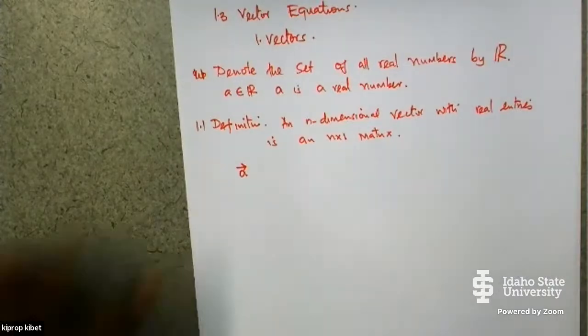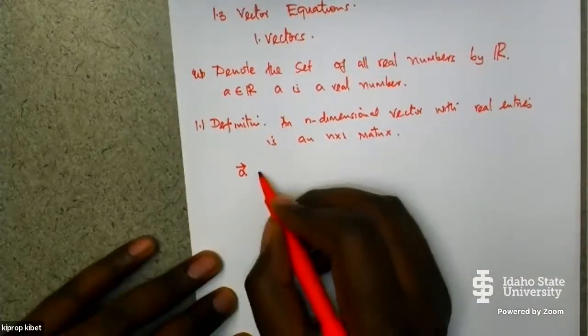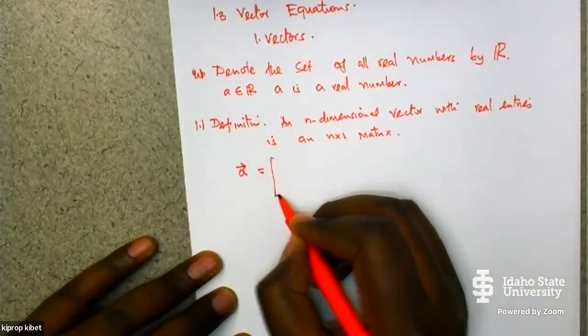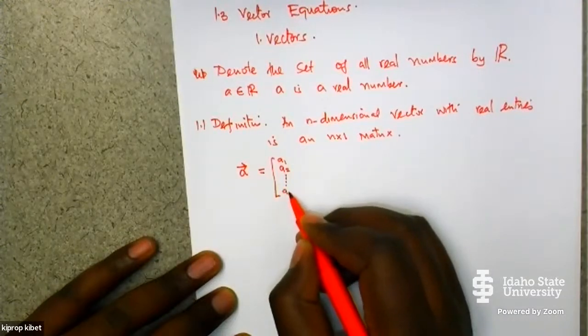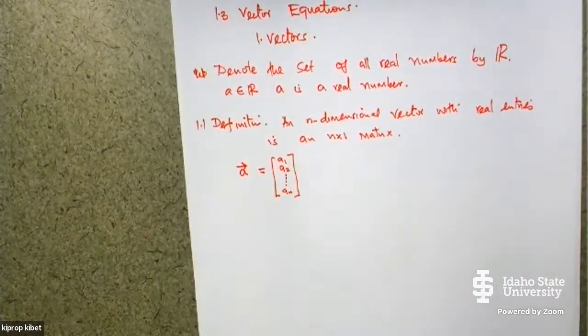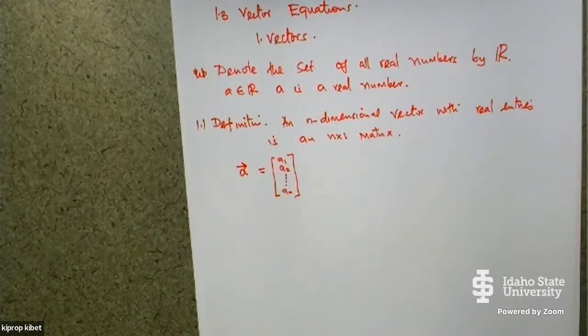So a is the vector, with entries a1, a2, up to an. This is an n-dimensional vector with real entries, and it is n by 1, so we have n rows and 1 column.